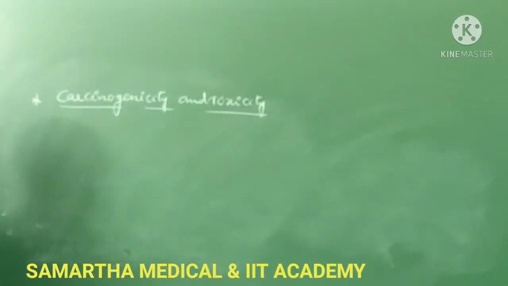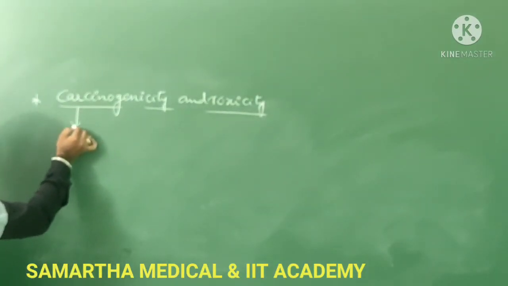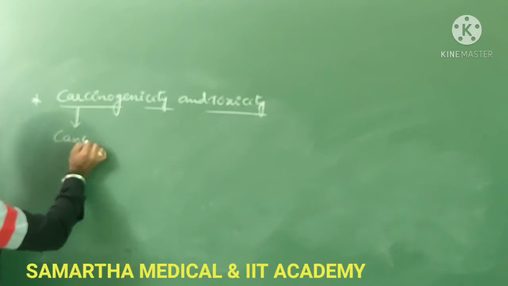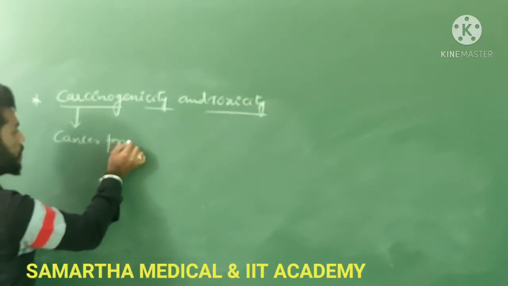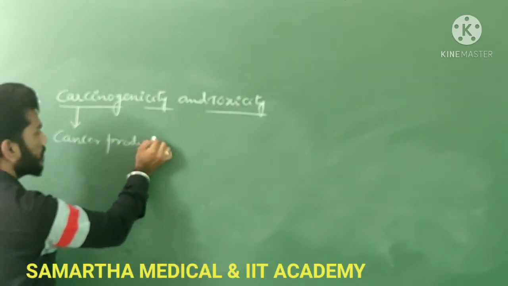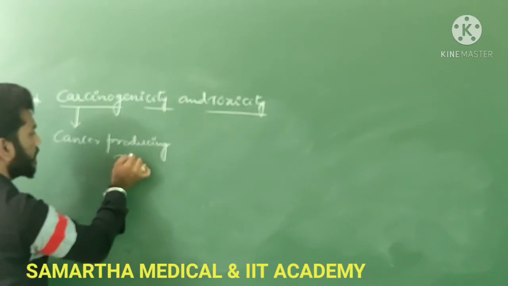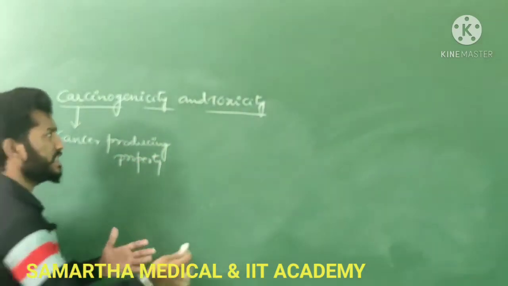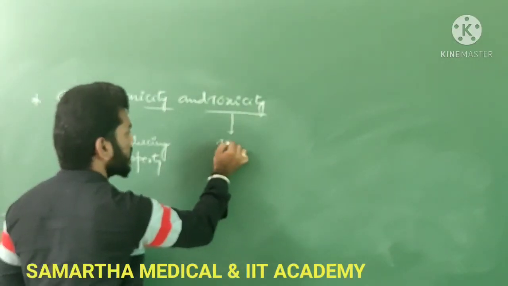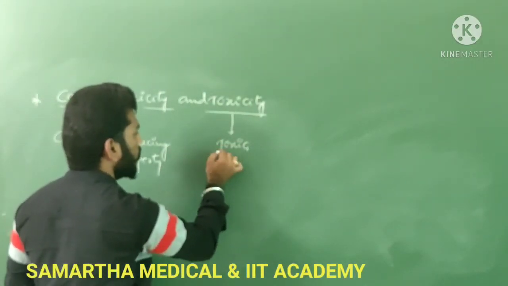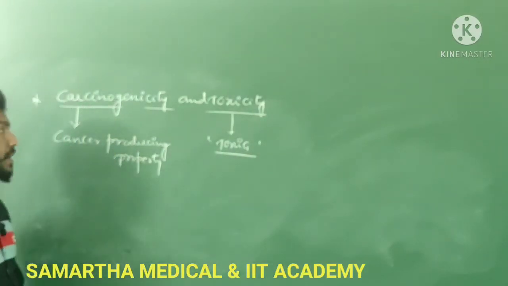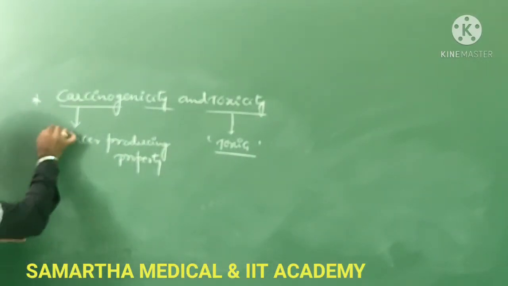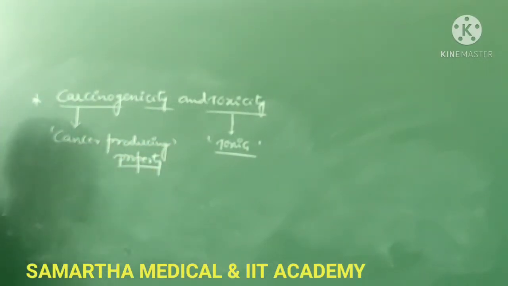Carcinogenic is the term indicating a cancer-producing property. Toxicity is nothing but being somewhat toxic in nature, that's it. Carcinogenic means having a cancer-producing property, guys.